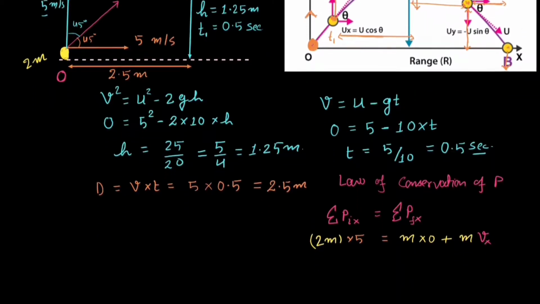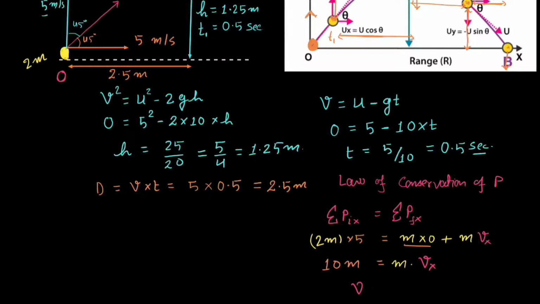So 5 into 2m is 10m, and this would be equal to 0 plus m into vx. Here vx is the velocity of one part of the body.